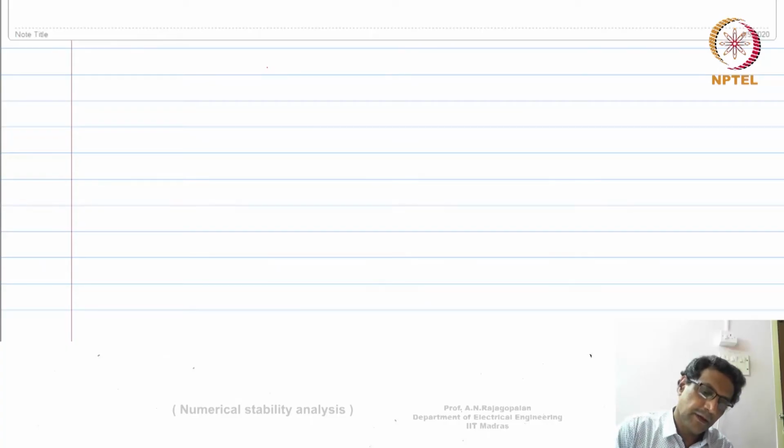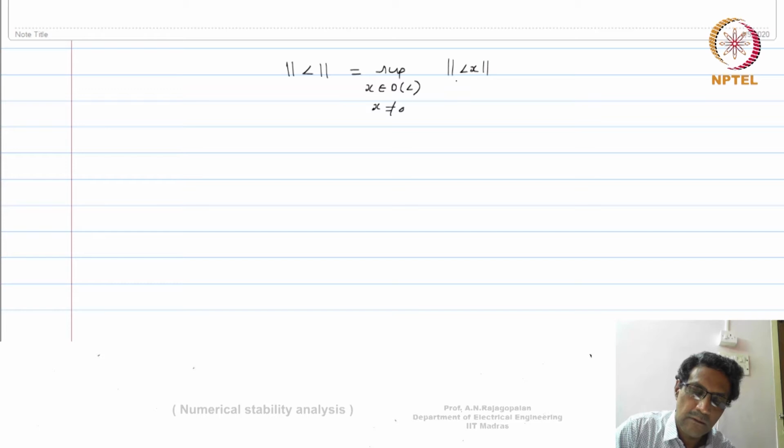So we saw that the norm of a linear operator is given as norm L is equal to sup over x belonging to the domain of L, x not equal to 0, norm Lx by norm x. Right?